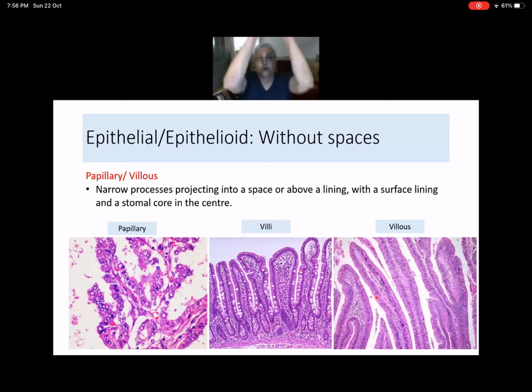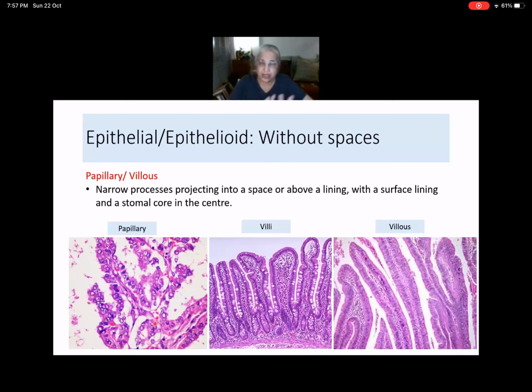Yes, you can if you want to, but a villus, if you look at it, doesn't branch as a rule. Even in a villus adenoma, you'll see little long tubular finger-like processes right from the bottom. Some villus adenomas may show branching, but very, very seldom.